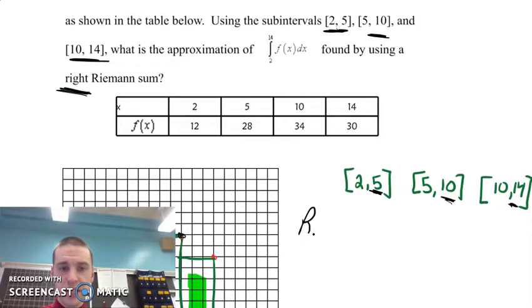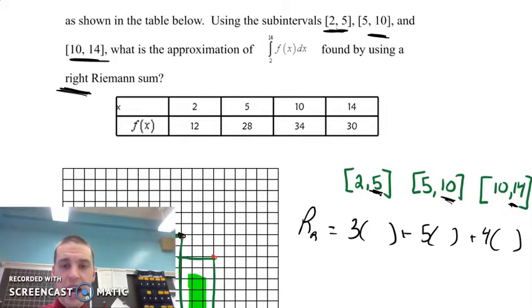So the right Riemann sum equals 3 parentheses plus 5 parentheses plus 4 parentheses. So I did the width of each of those, 5 minus 2, 10 minus 5, 14 minus 10. And then I look at what the right is. 5 is 28, so that's my height. 10 is 34, that's my height. 14 is 30, that's my height. And that will give me an answer of 374.